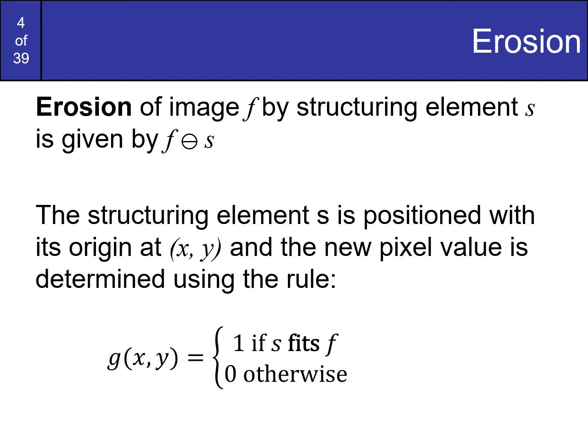The new output pixel is g(x, y). g(x, y) becomes 1 if S fits F, but g(x, y) becomes 0 otherwise.